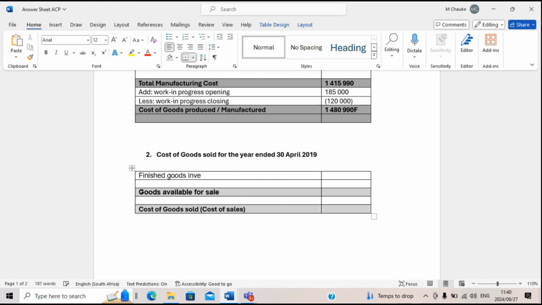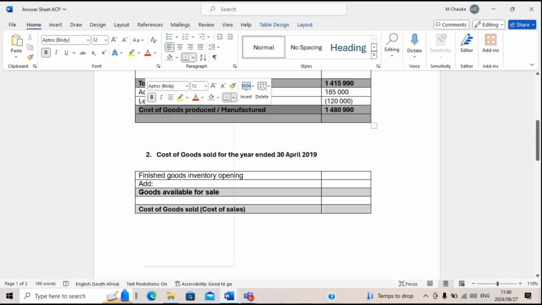Finished goods inventory opening. And then we add cost of goods produced or manufactured. I'm just going to copy this one and paste it there.